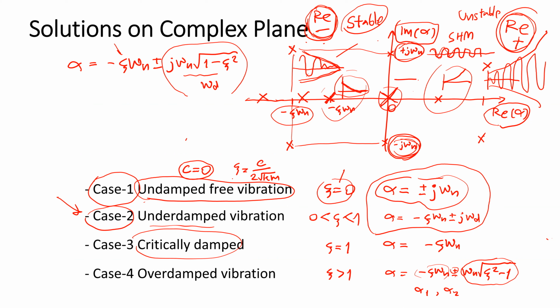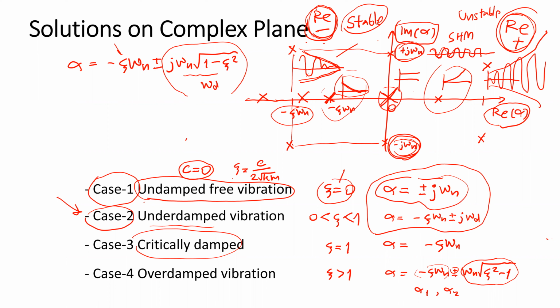So for the zero root, what you're going to see is the magnitude will be constant, not vibrate, and not change. I think here is the introduction to the complex plane.